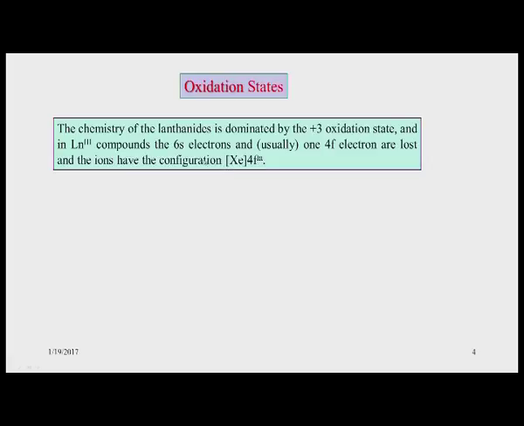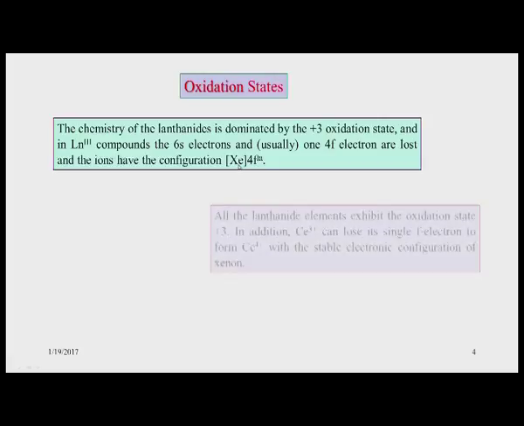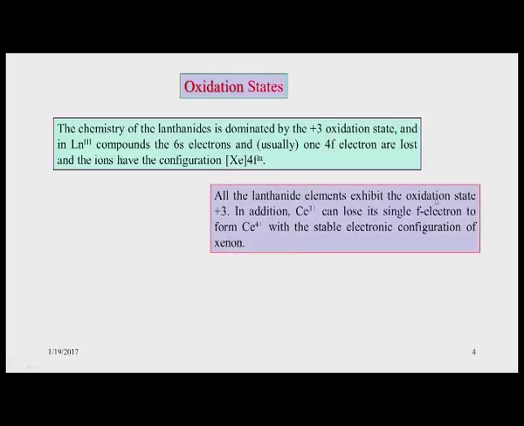So, we have the stable xenon configuration and some electrons in the 4f level as 4fm. If it is 4f0, like that of cerium 4+, it will have a xenon-like configuration, and that is why it is very stable in its tetravalent oxidation state.